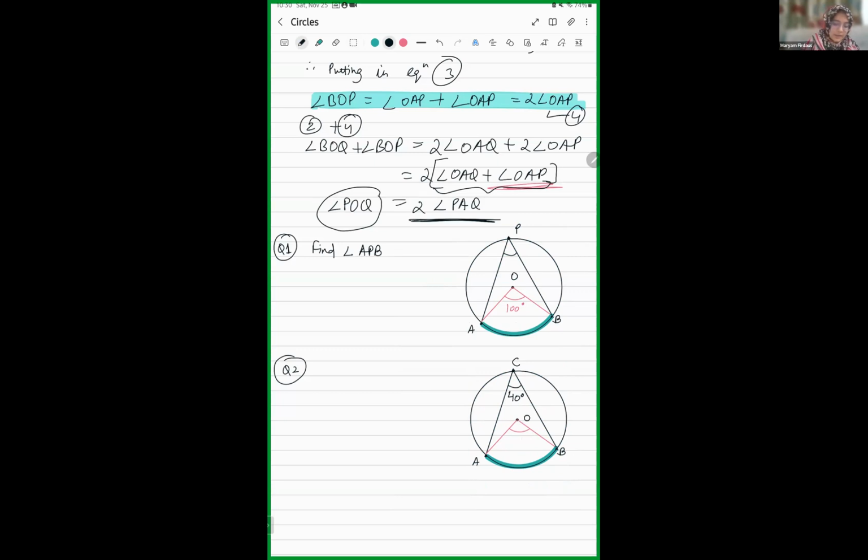You have to find angle AOB and angle OAB. OAB is this angle. So that's it for today's class.